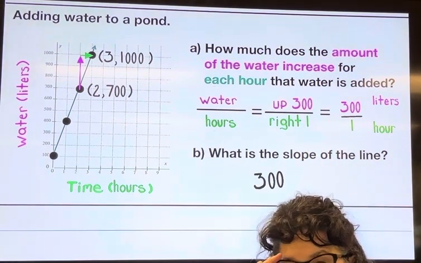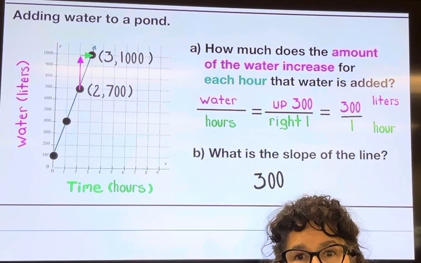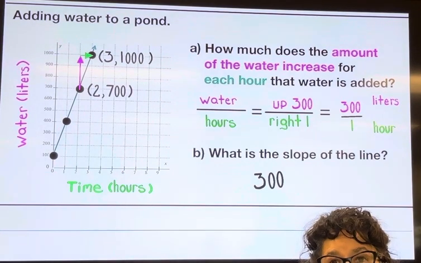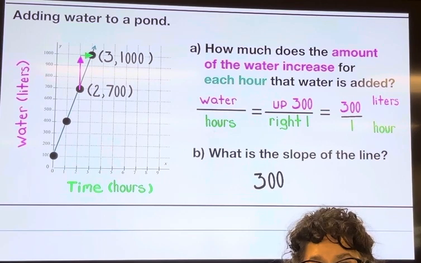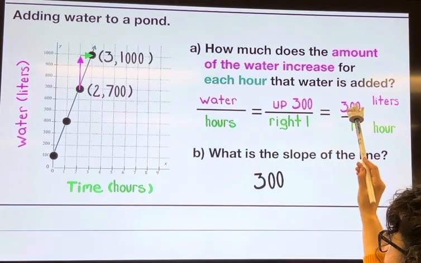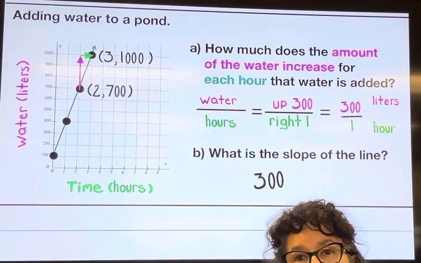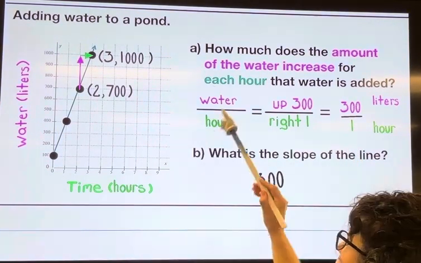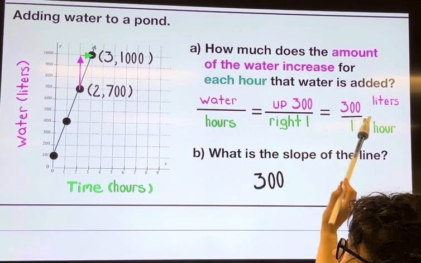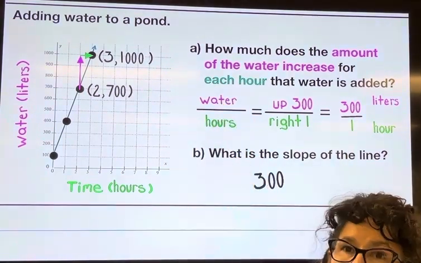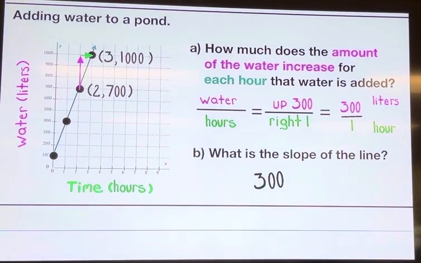So when I say simplify the fraction in these particular ones, since we would really like to know how much per 1, physically on your calculator, take and divide the top number by the bottom number, and that's going to be how much whatever this label is. So in this case, how much water per 1 hour.